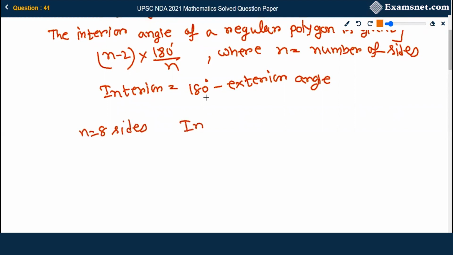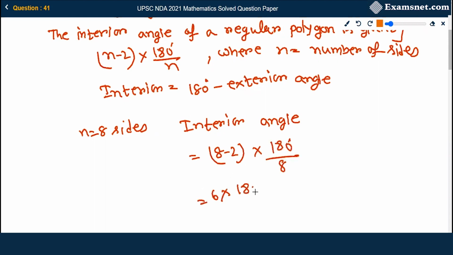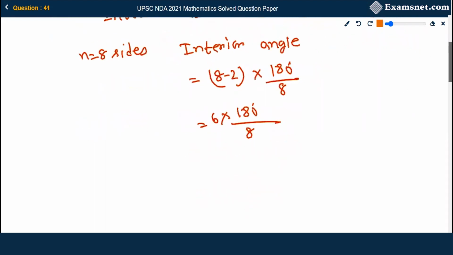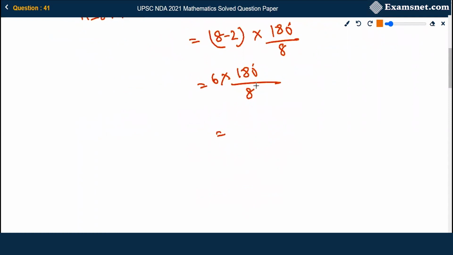So the interior angle is given by, let's put 8 minus 2, 180 degree by 8. 6 multiplied by 180 degree by 8. So 2 4s are 8, 2 3s are 6.